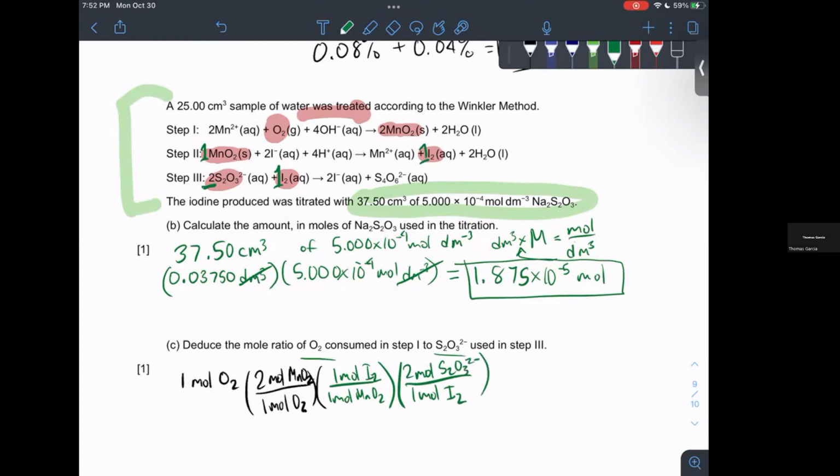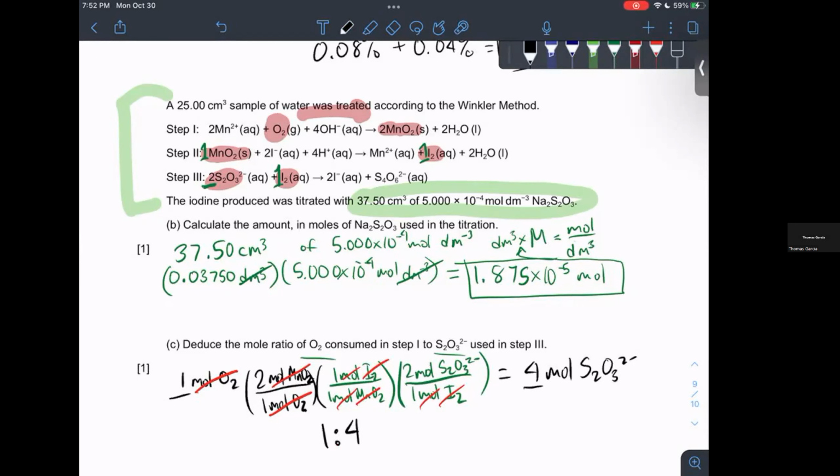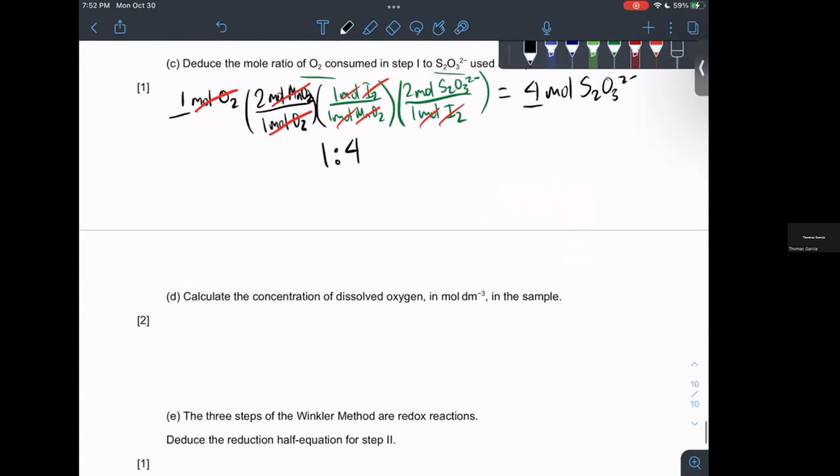Cancel out my units, oxygen, manganate, iodine, and all the moles too, and I end with 4 mole S2O3 2-. So it's a 1-to-4 ratio. Because we start with 1 mole, we end with 4 moles. The book did say you had to memorize that. You absolutely don't. I just derived it in the moment.